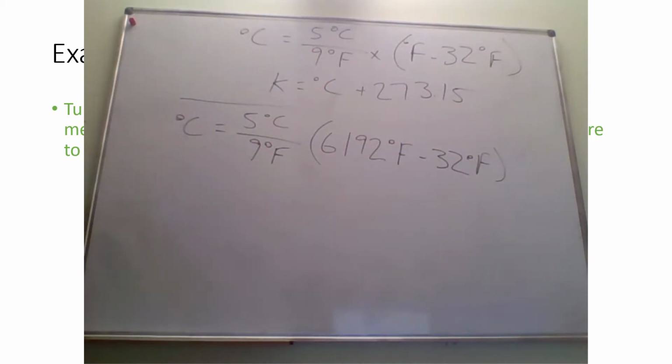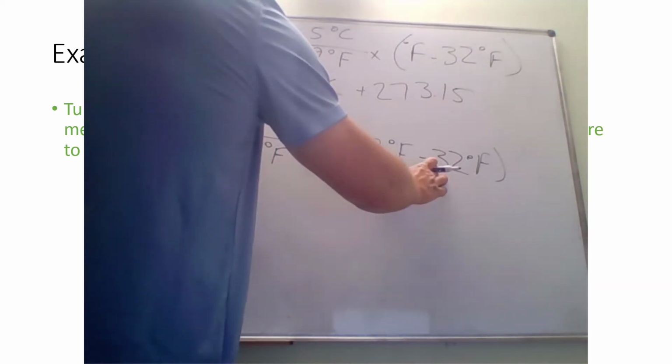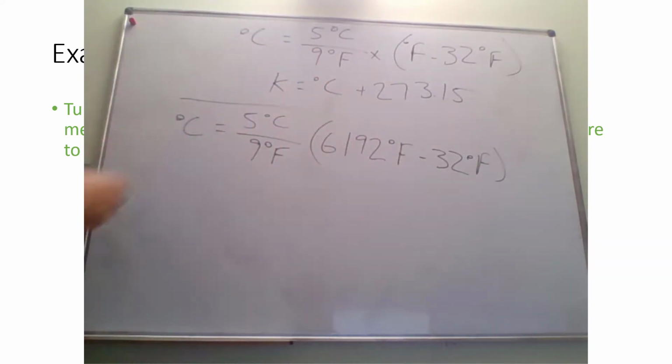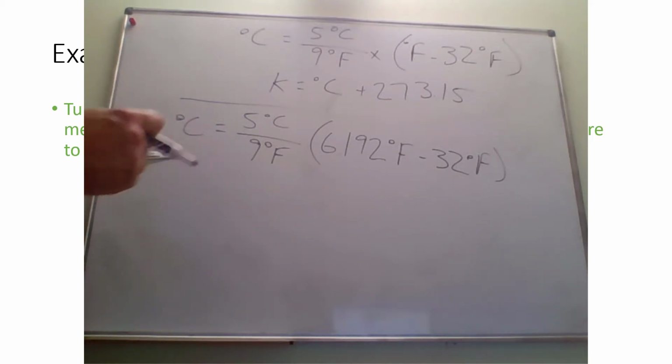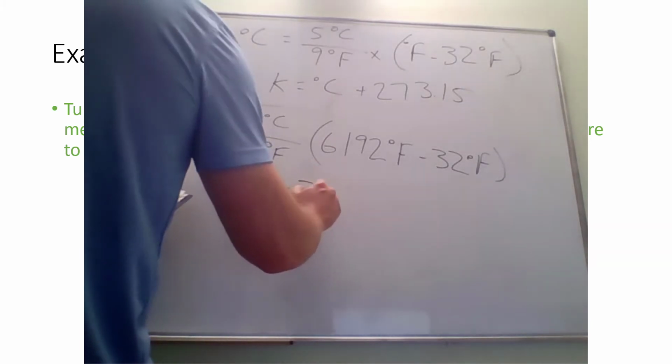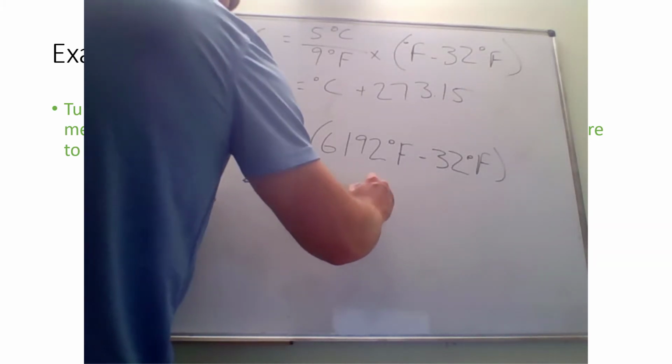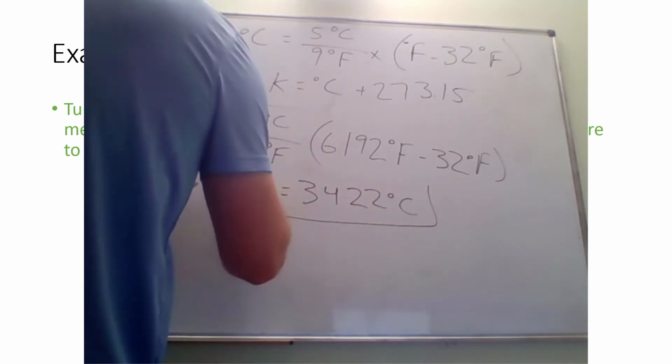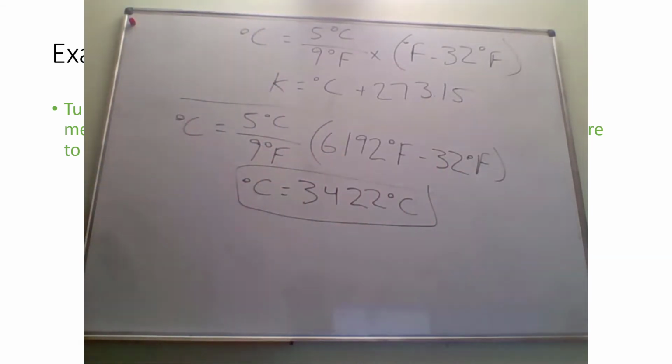When we plug and chug here, in our order of operations, we want to make sure we do our addition and subtraction first, and then we can do our multiplication and division. And so we get a final answer of 3,422 degrees Celsius. Four sig figs, just like the value that was given to us.